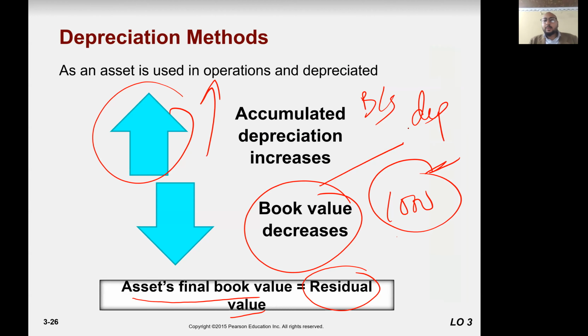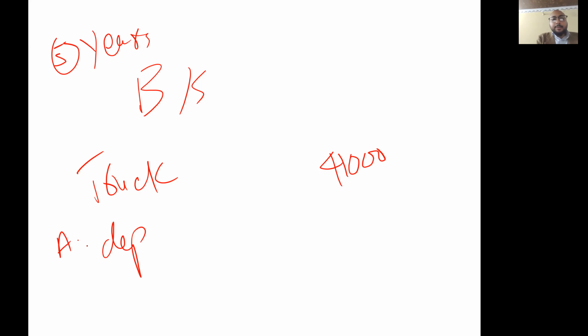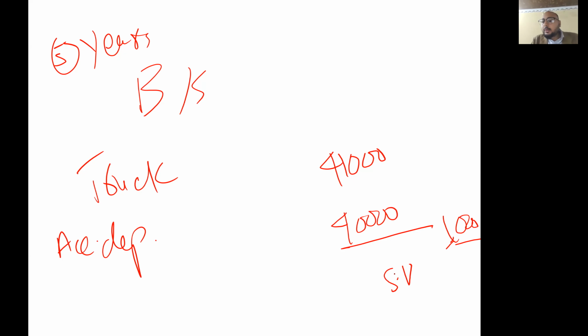Okay. So, for example, on balance sheet, how is this truck going to be written? Truck we purchased 41,000. After 5 years, the accumulated depreciation is going to be 40,000 and left 1,000. So this book value after 5 years shows the salvage value or residual value.